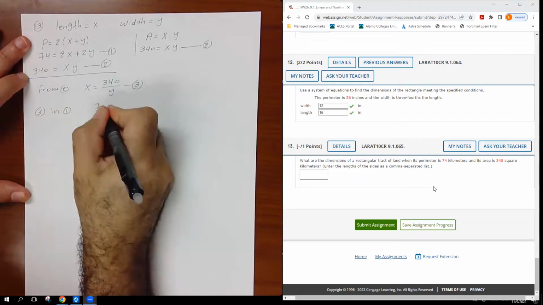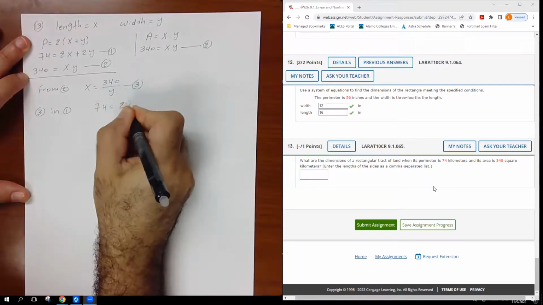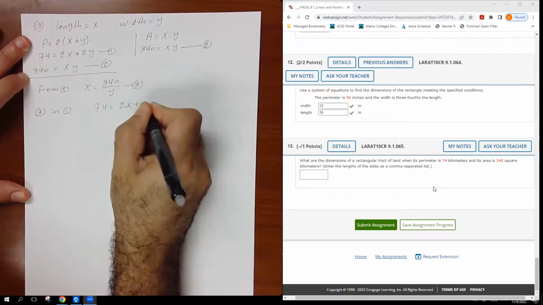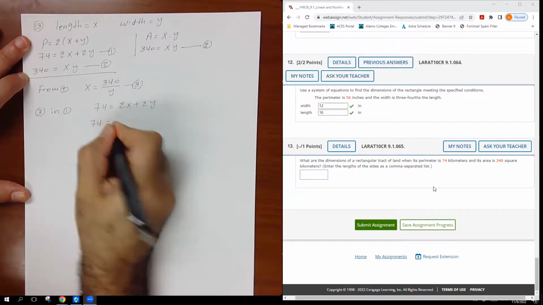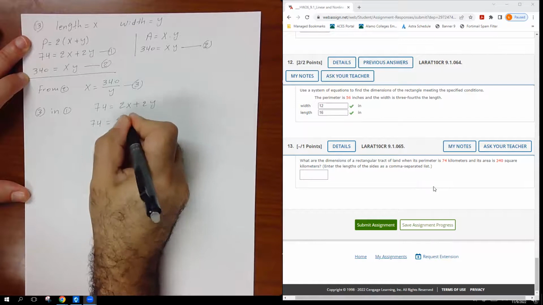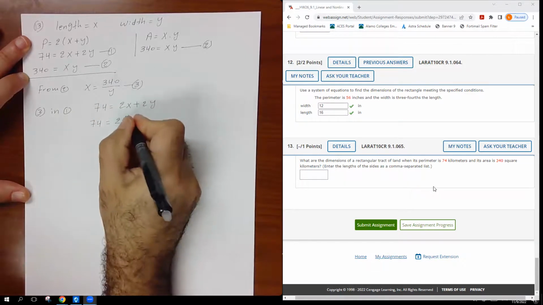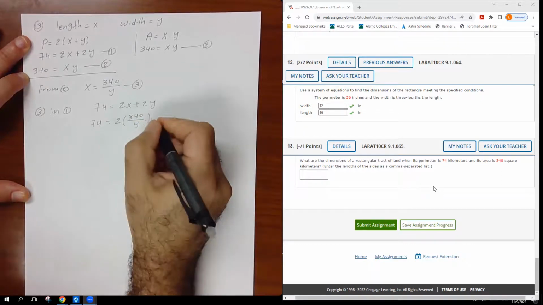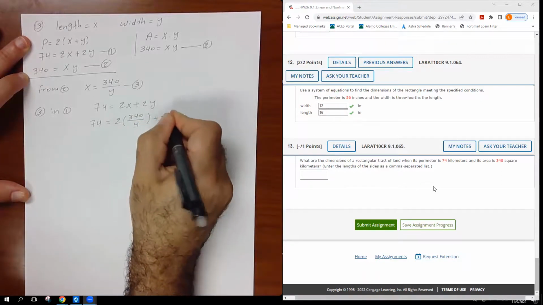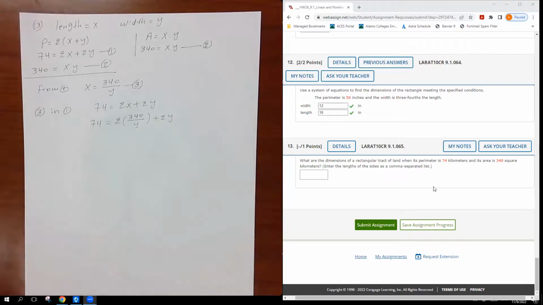So 74 equals 2x plus 2y. That means 74 is going to be equal to 2 times 340 over y plus 2y. Now we need to solve this one.